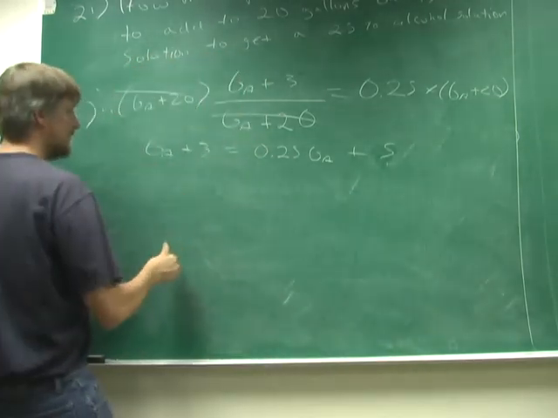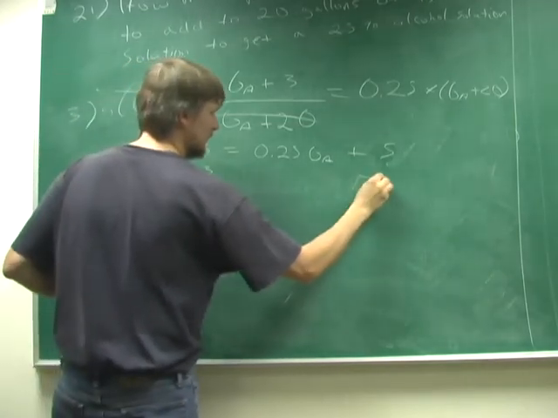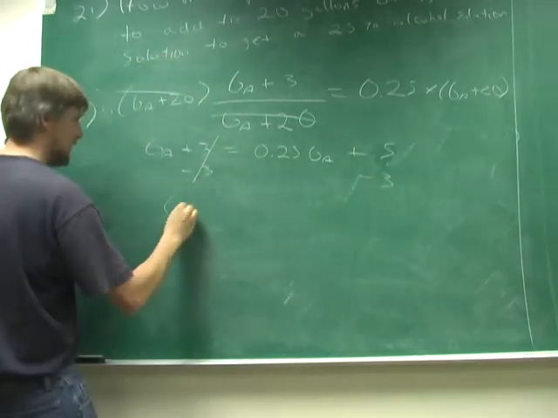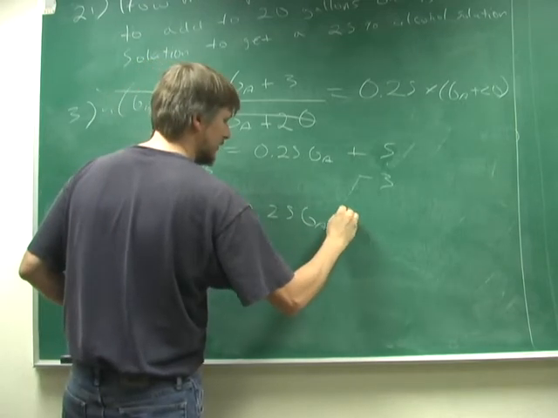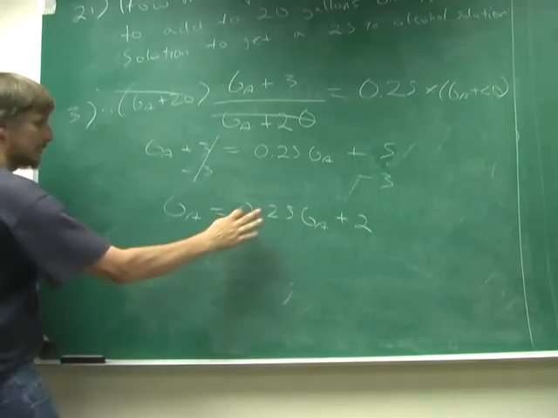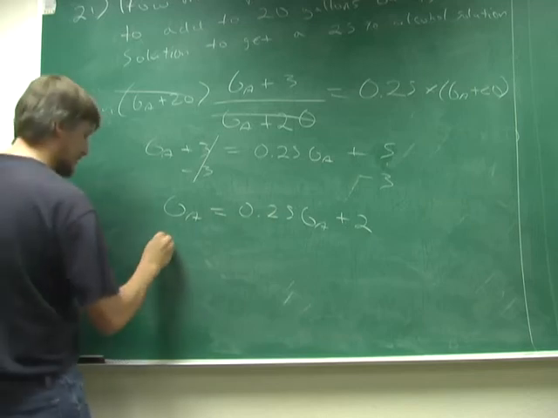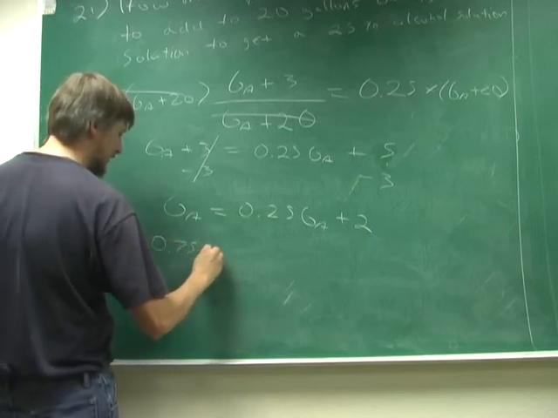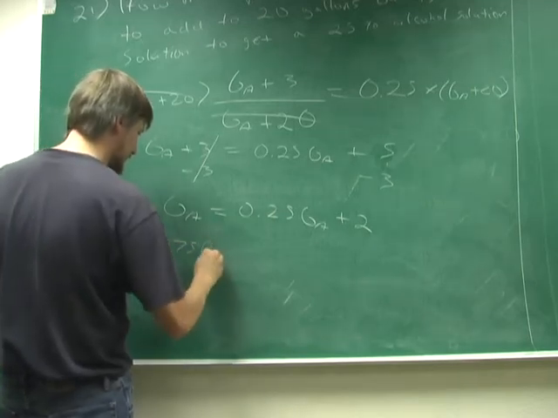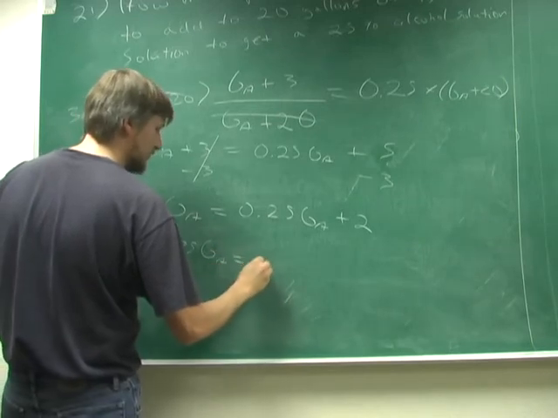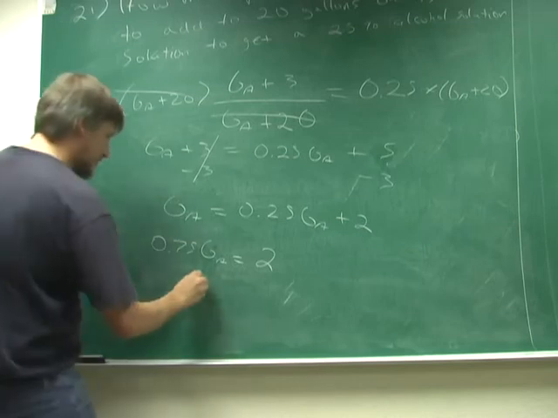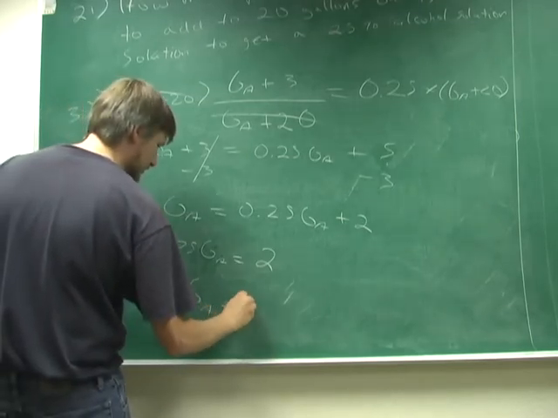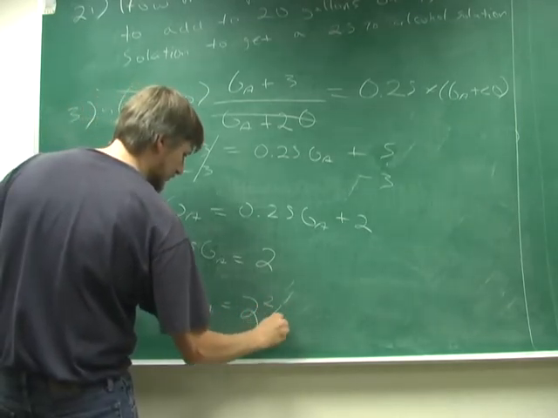We'll subtract 3 from both sides, then G sub A is equal to 0.25 G sub A plus 2. We subtract this from this side, we get 0.75 G sub A, which is equal to 2. If we divide this into 2, we'll get G sub A is equal to 2 2/3.